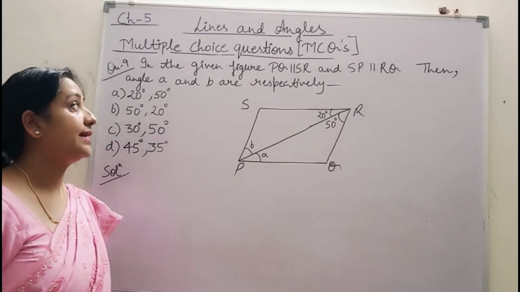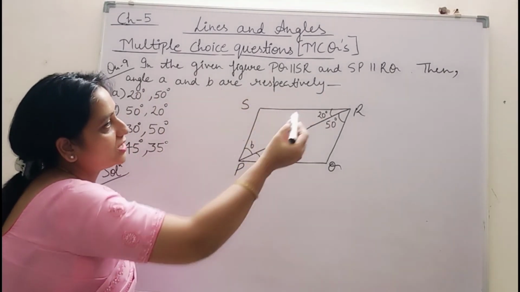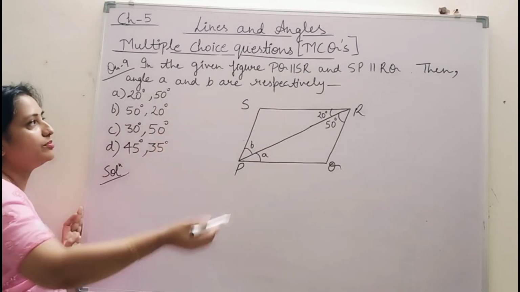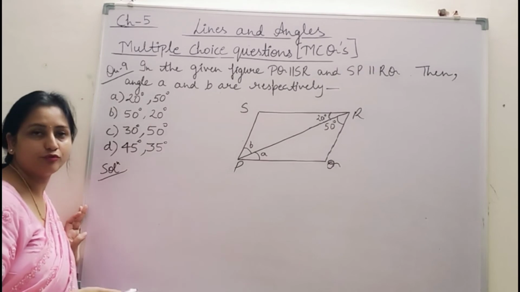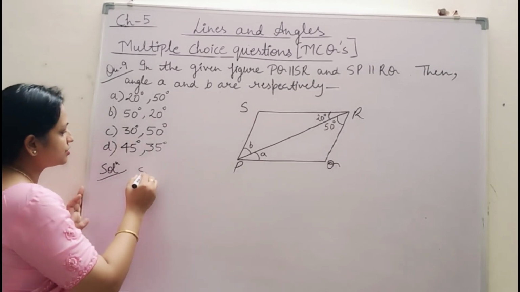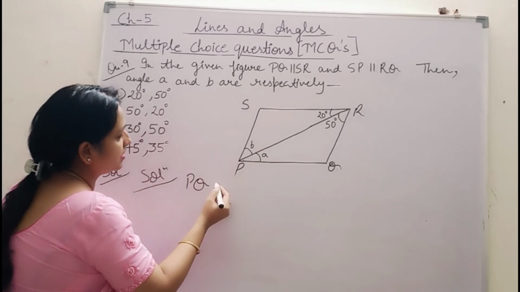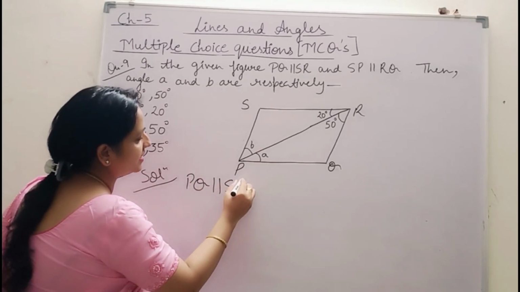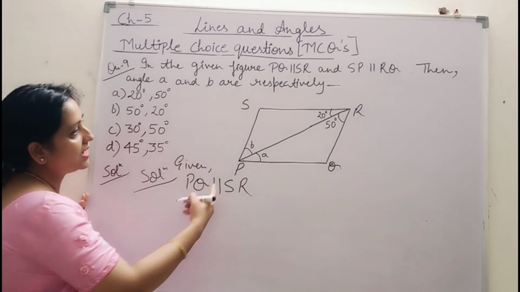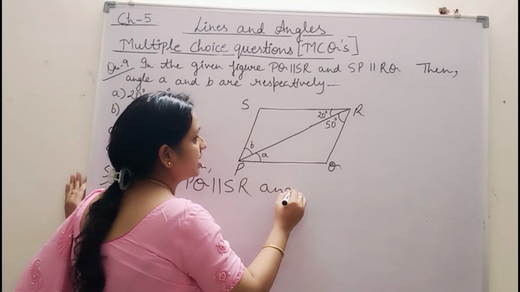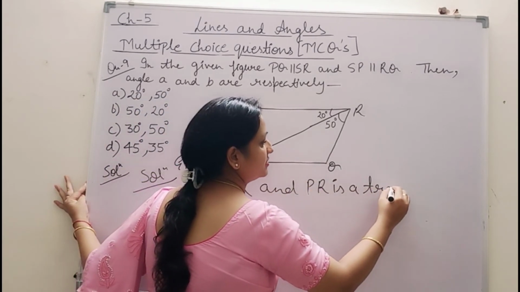In question number 9, in the given figure PQ is parallel to SR and SP is parallel to RQ, then angle A and B are respectively. We will find out angle A and angle B one by one. Firstly, PQ is parallel to SR and PR is a transversal.